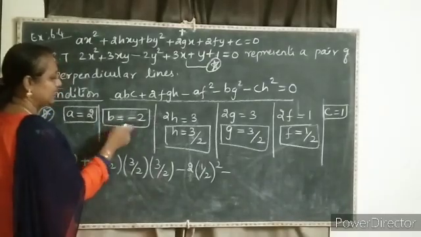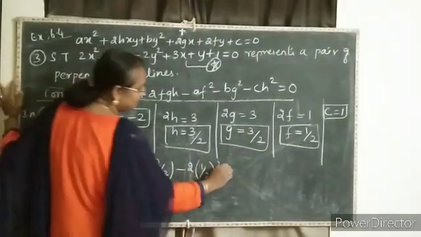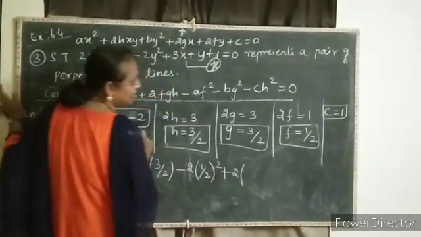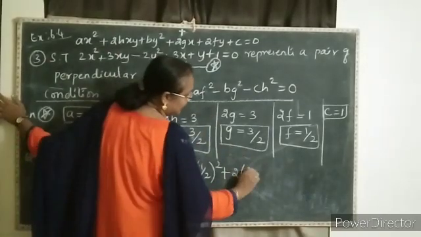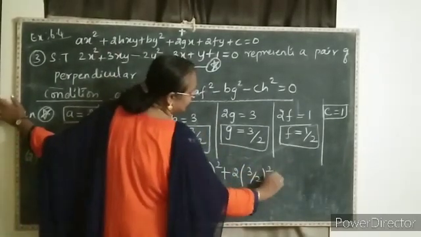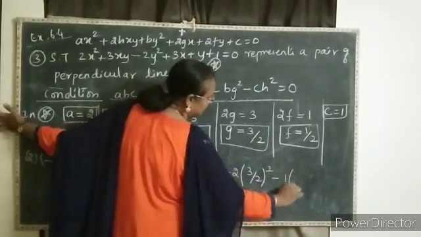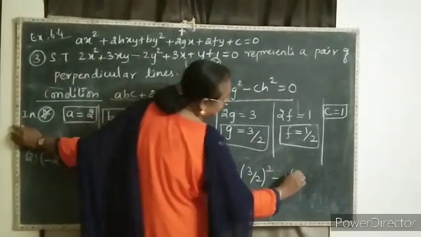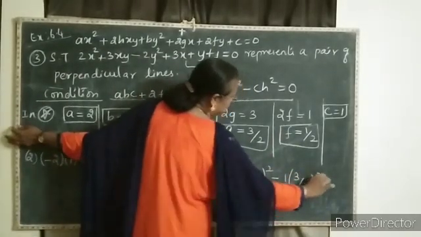Already one minus is here, so minus into minus will become plus 2 into g value 3 by 2 the whole squared, minus 1 into h value 3 by 2 the whole squared.